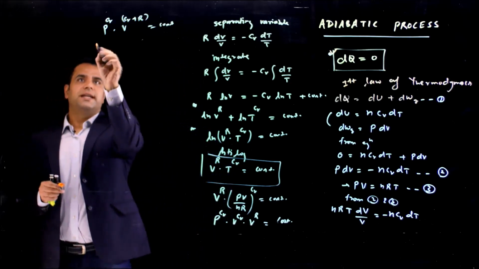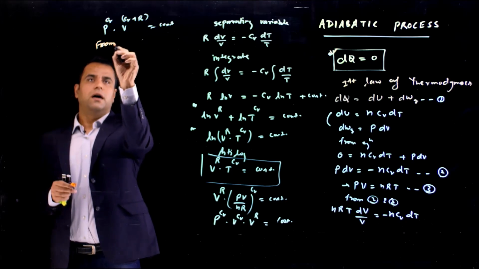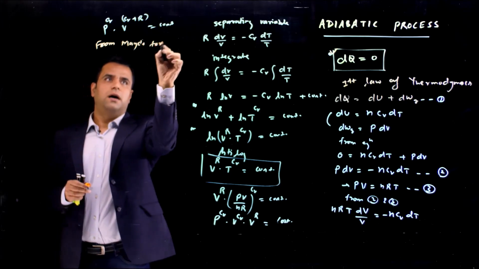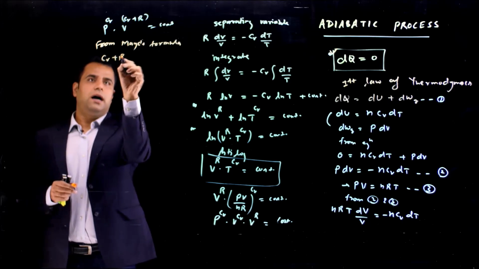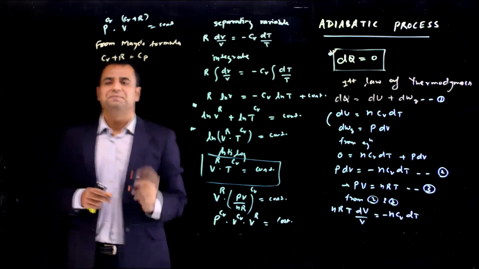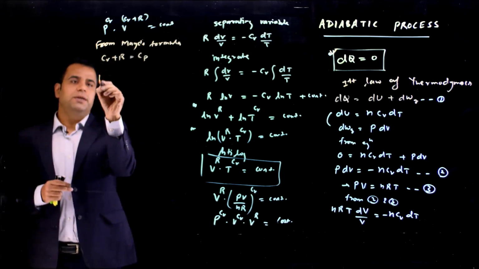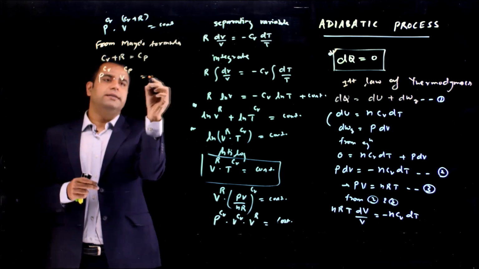From Mayer's relationship, from Mayer's formula, Cv plus R is Cp. That's your Mayer's relationship. So we'll have the equation P to the power Cv, V to the power Cp is equal to constant.